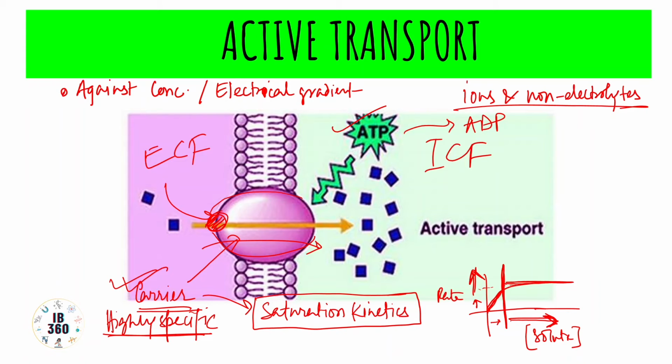ATP gets converted to ADP, and this inorganic phosphate, which it is losing, is what is used to bring about the conformational change in the carrier protein.